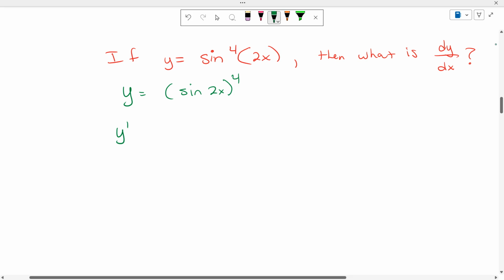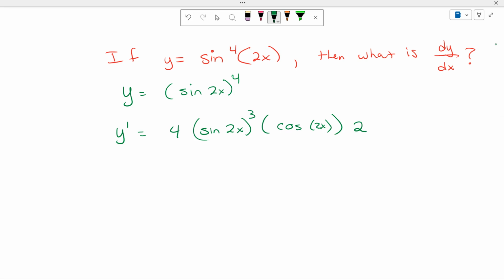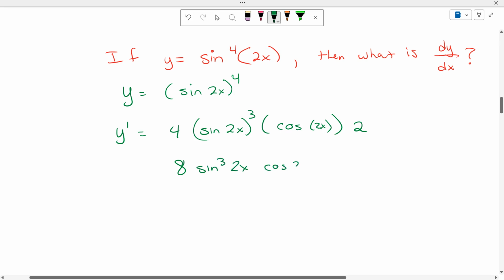So the first derivative is 4 sine of 2x to the 3rd times the first derivative of the inside, which is cosine of 2x times the first derivative of its inside, which is 2. So it's 8 sine cubed of 2x cosine of 2x.